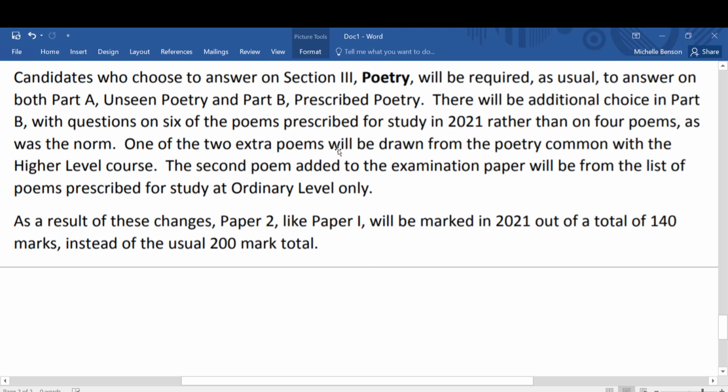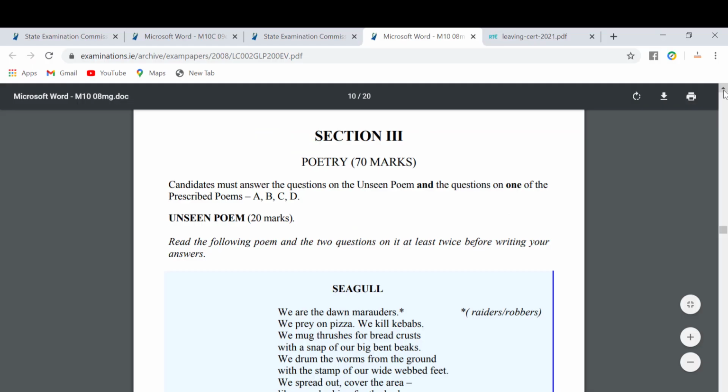One of the 2 extra poems will be taken from the poetry common with the higher level course, and the second poem added to the examination paper will be from the list of poems prescribed for study at the ordinary level only. As a result of these changes, paper 2, like paper 1, will be marked in 2021 out of a total of 140 marks instead of the usual 200 mark total.